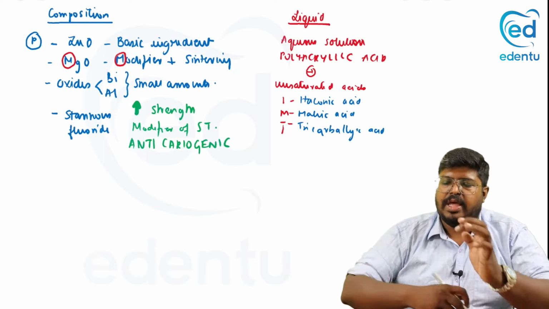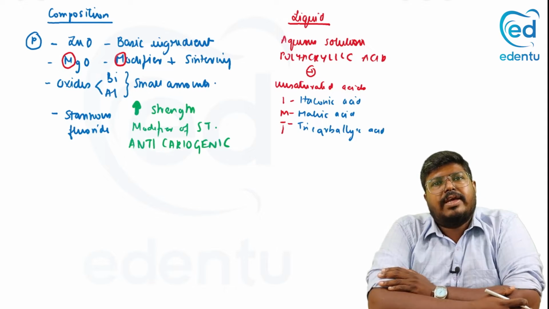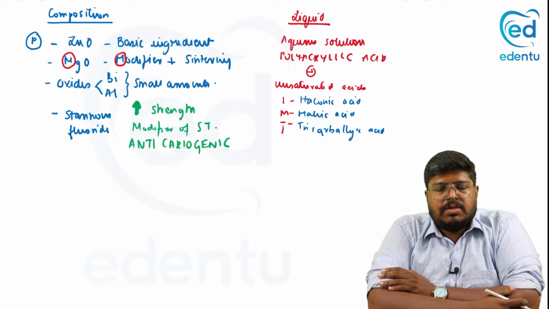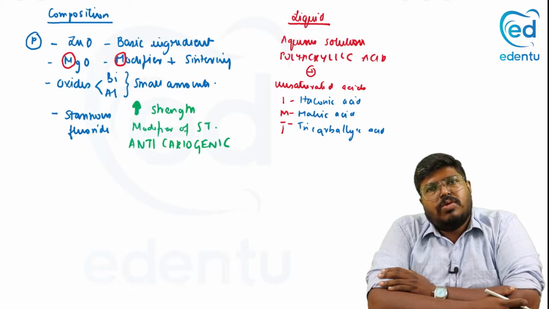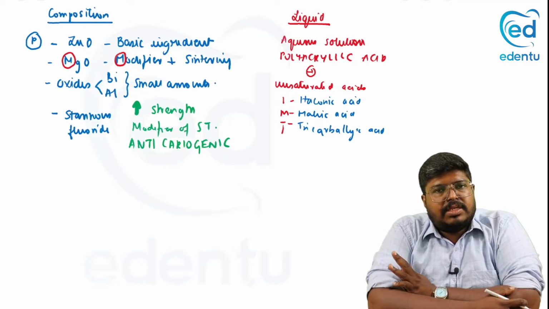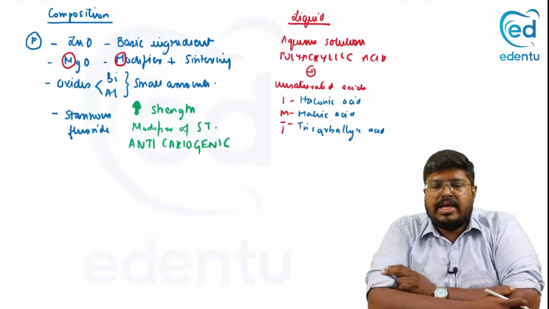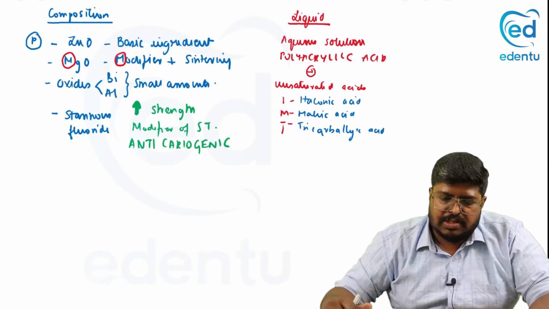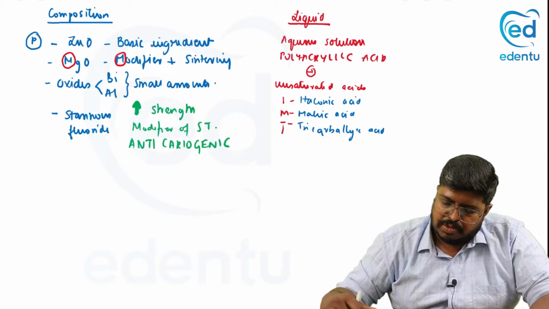So you have an aqueous solution of polyacrylic acid, which is mixed with water. You also have other unsaturated acids. What are they? I, M, and T. You have itaconic acid, maleic acid, and tricarballylic acid. So this is basically your composition.